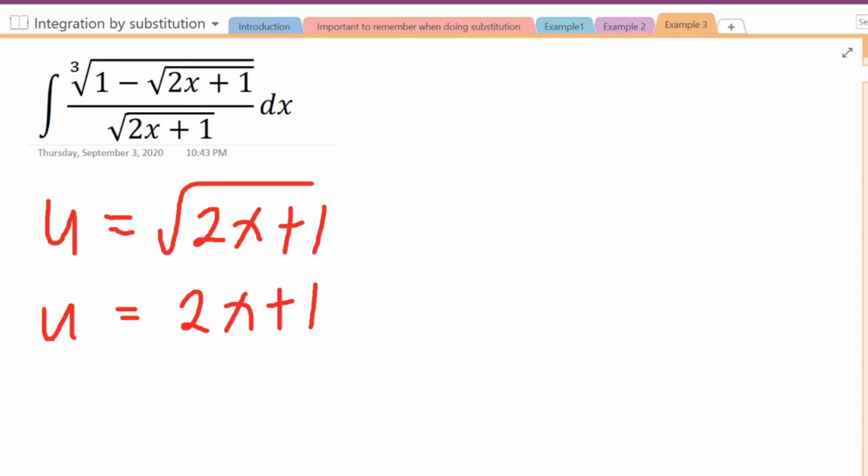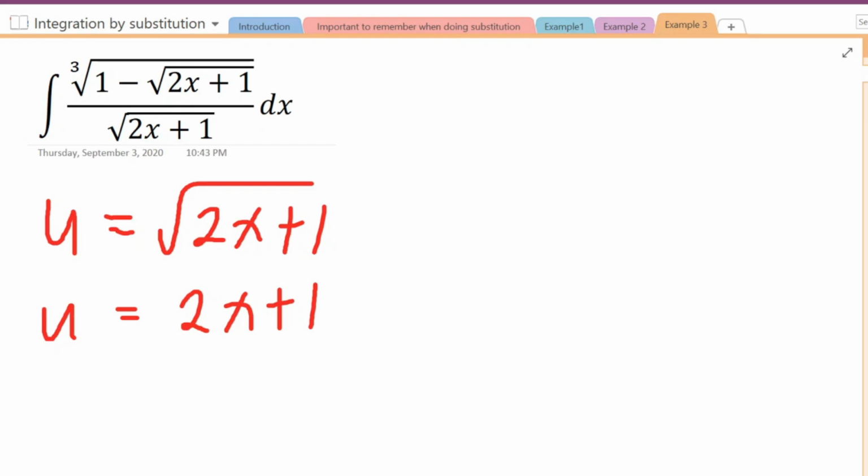Which is better? Personally, the decision of what I let as the value of u depends on which of them I can easily differentiate.